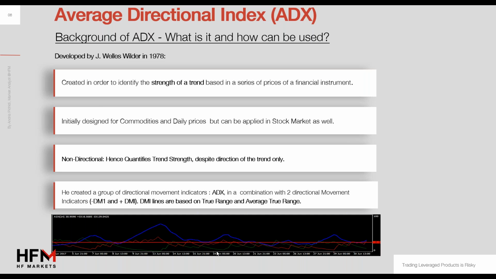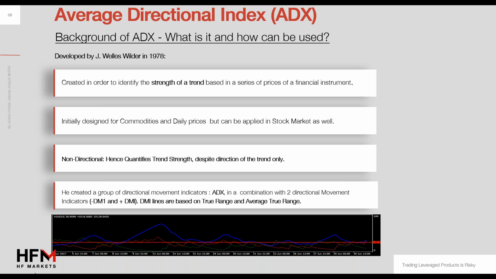So the value of the blue line, which is otherwise called the average true range line, presents the trend strength. The other 2 actually help us spot any shift in the sentiment, bullish or bearish signals.